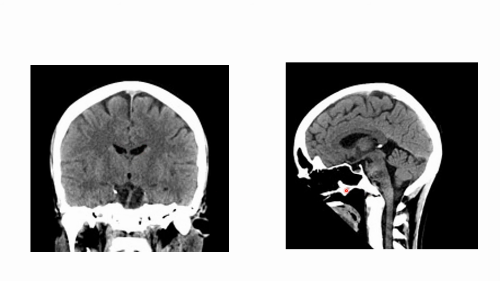Here is a sagittal cut as well: bone, gyri, corpus callosum here, third ventricle in this area. This is the cerebellum, tentorium cerebelli. This is the fourth ventricle. This is the midbrain, the pons, the medulla oblongata, and the cervical spinal cord.